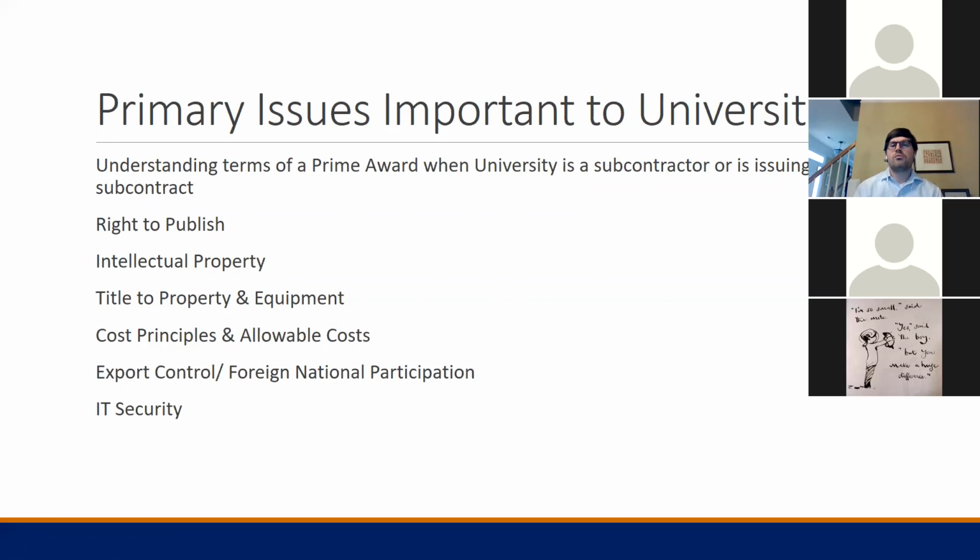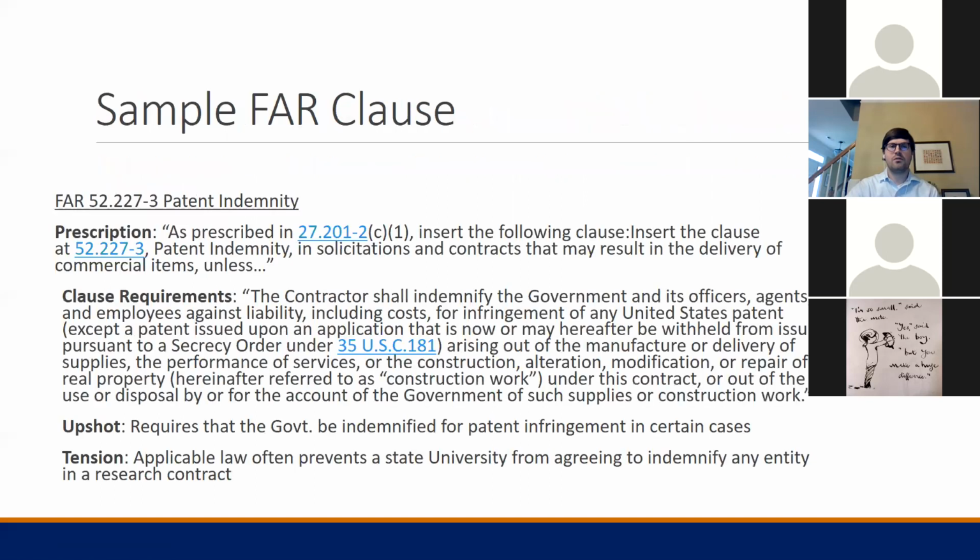Other issues are right to publish, intellectual property, and title to property and equipment, which is a really critical one and not always very clear based on the clauses. The cost principles and allowable costs, export control, foreign national participation, and foreign influence are all big topics nowadays, as well as IT security, which is a huge issue in the federal procurement realm these days.